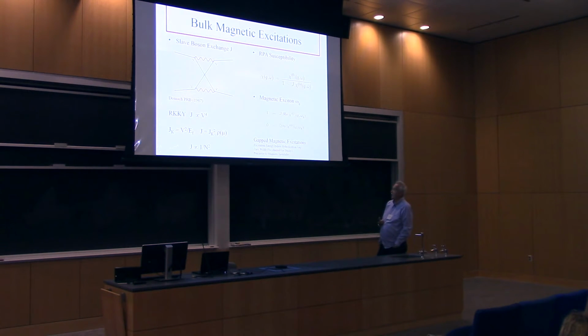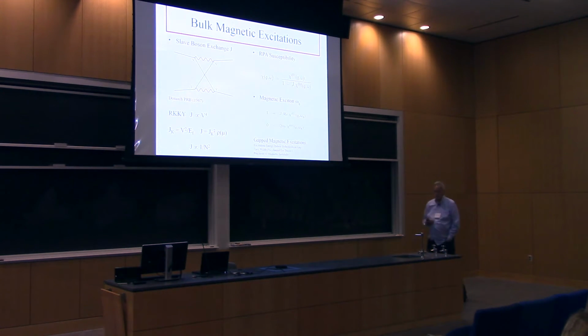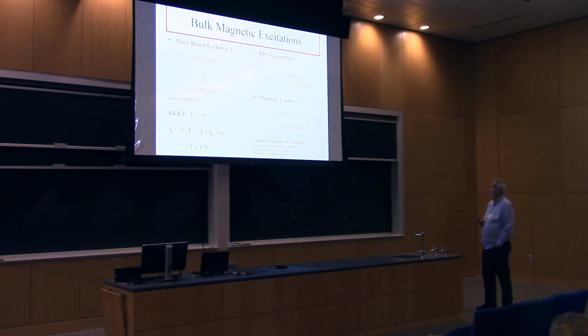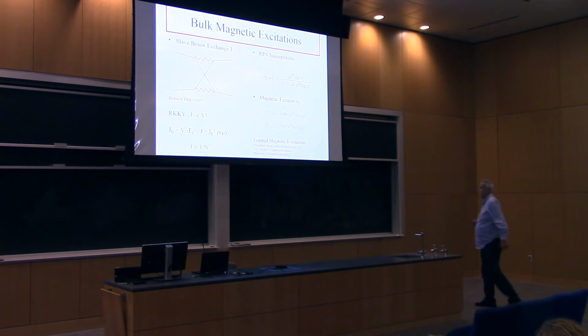What happens if 1 equals J times the real part of chi is satisfied for some frequency inside the gap? And you can sort of say, well, that might be true if the system is very close to a quantum critical point, very close to satisfying the Stoner criterion, which was essentially the same equation, but just at 0 frequency. So that would be a Grandstein property.